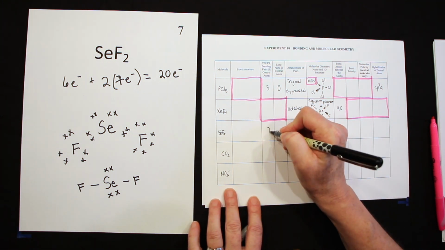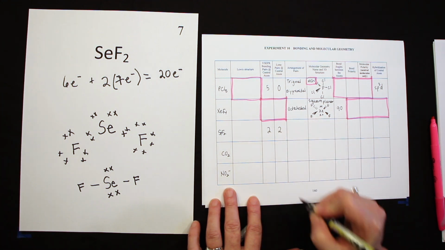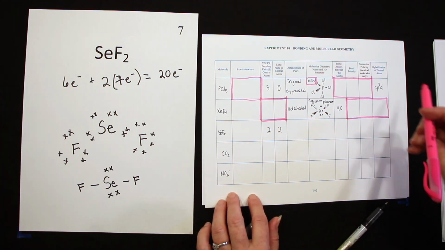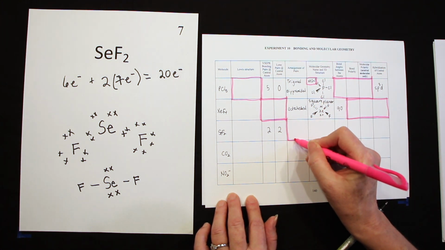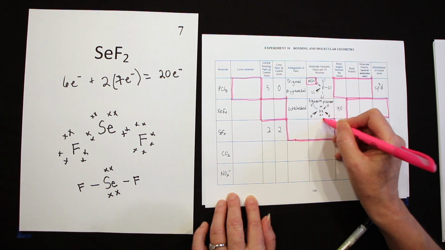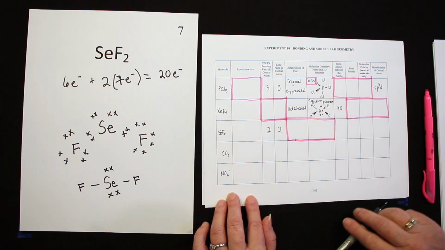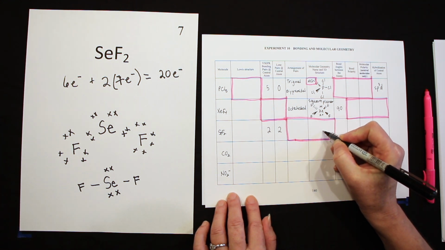This molecule has 2 bonding pairs and 2 lone pairs, and I'm going to let you figure out what these are, although I really would like to draw this structure for you, the 3D structure.